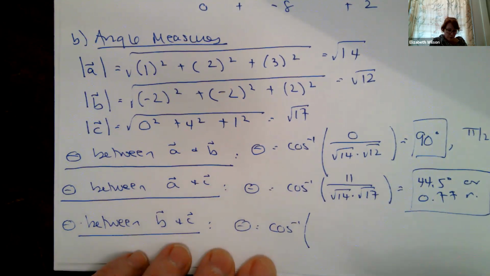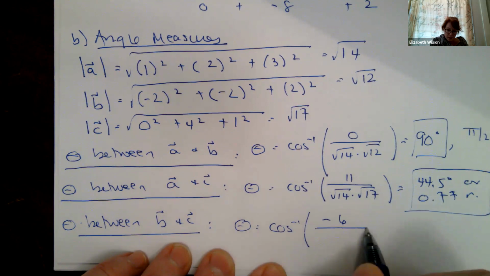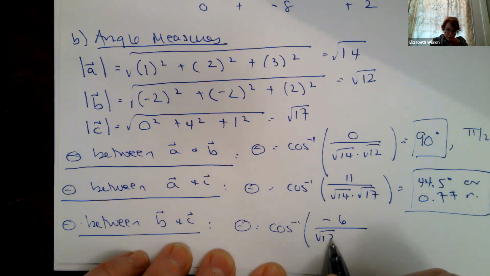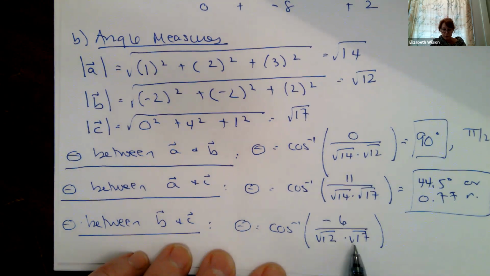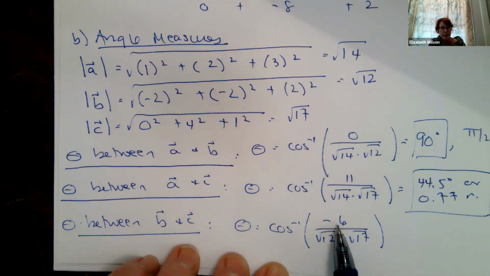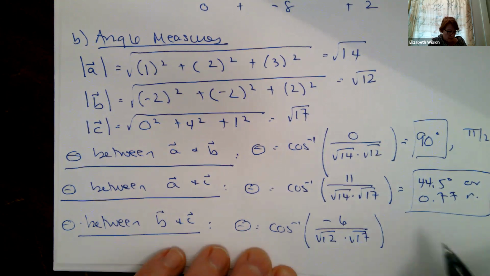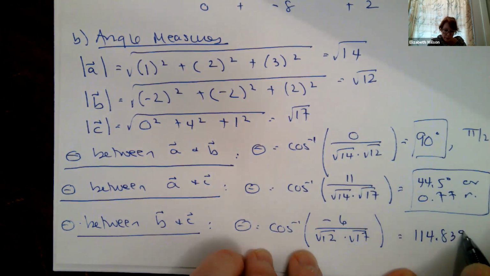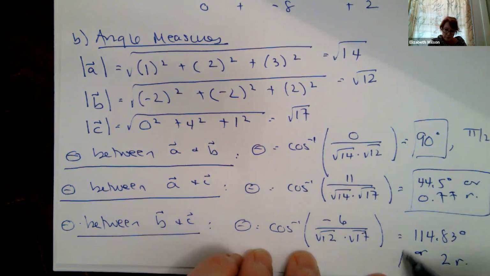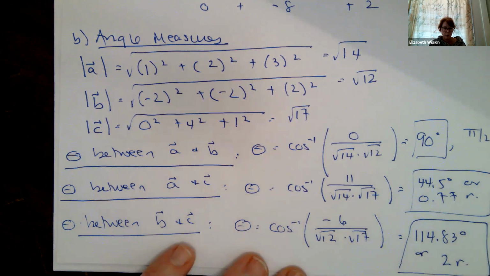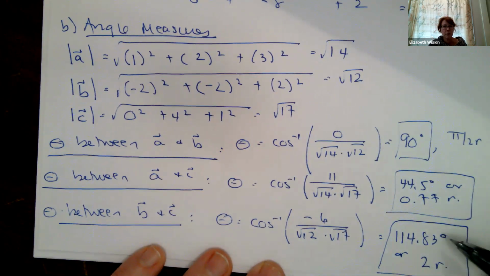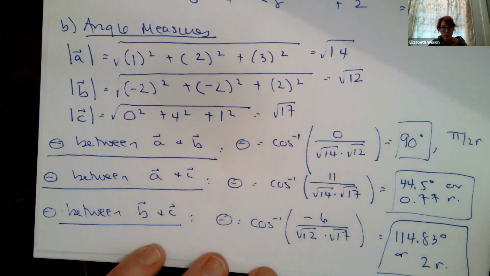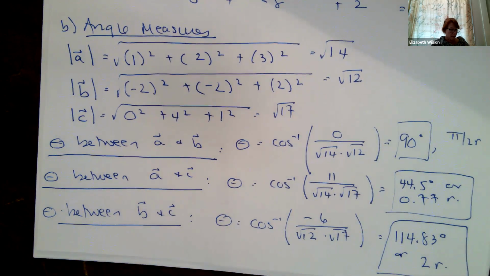Our dot product was equal to -6 all over radical 12 times radical 17, the magnitude of B and the magnitude of C. We divide that into the dot product, take the inverse cosine of that, and I got 114.83 degrees, or 2 radians. I don't care which you give me, just make sure you give me the units so I know that you know it's degrees or radians.